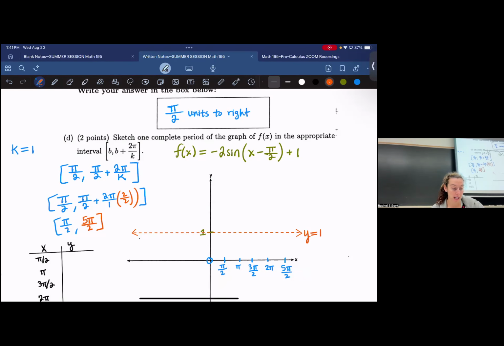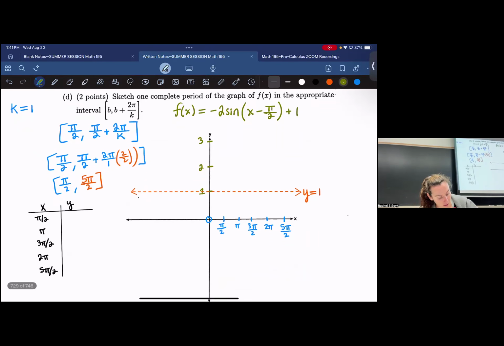And if that's our midline and our amplitude is 2, then what's our absolute max going to be? What's 2 plus 1? So we can finish up our scale on our y-axis. We're just going to go up to 3. And what's our absolute min? We're going to go 2 below our midline.